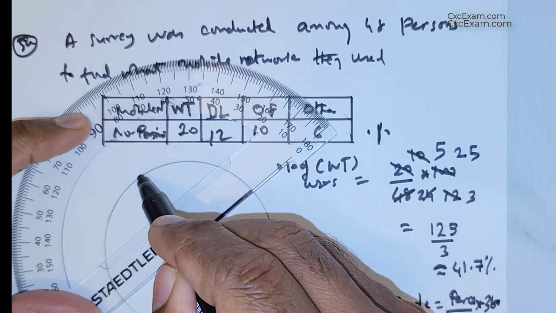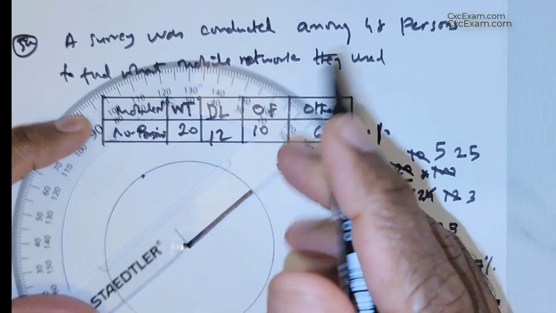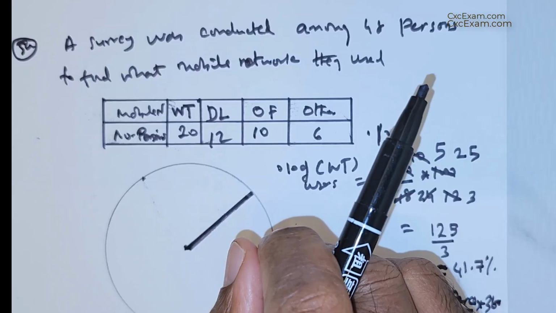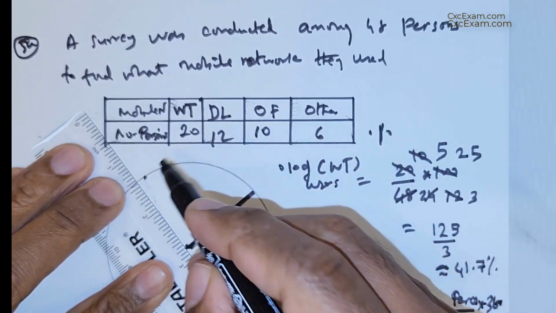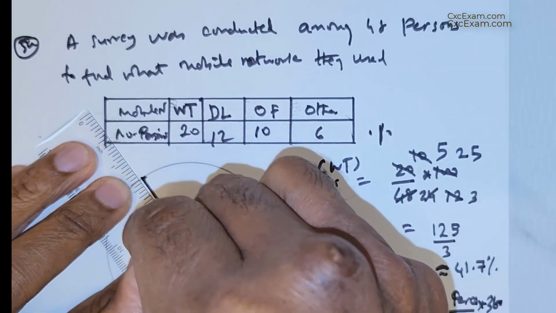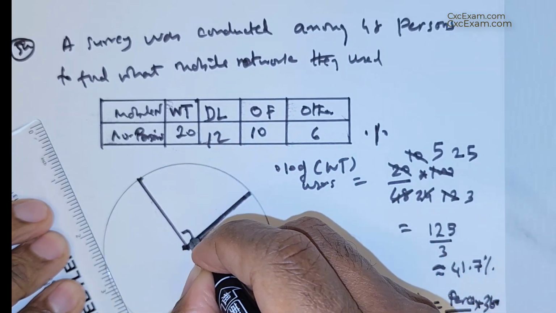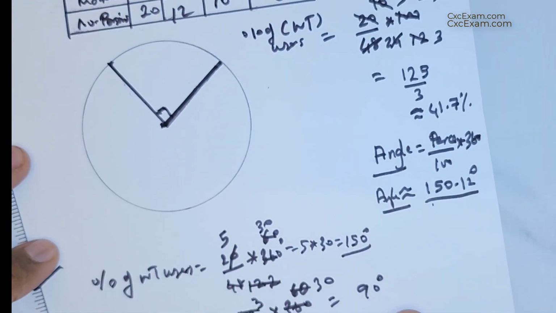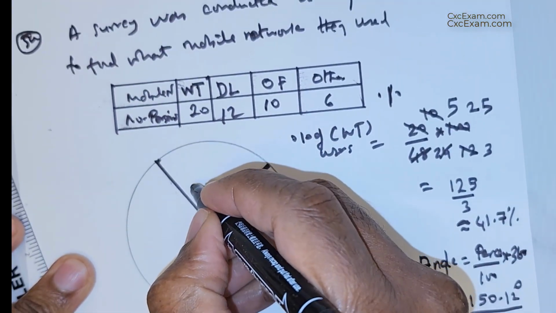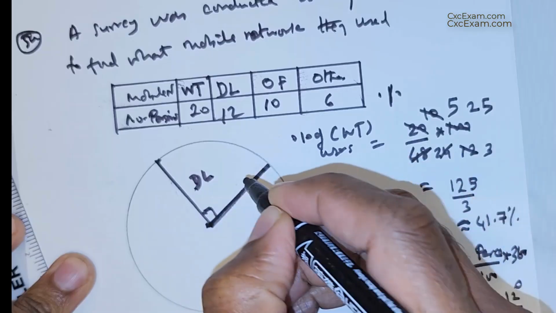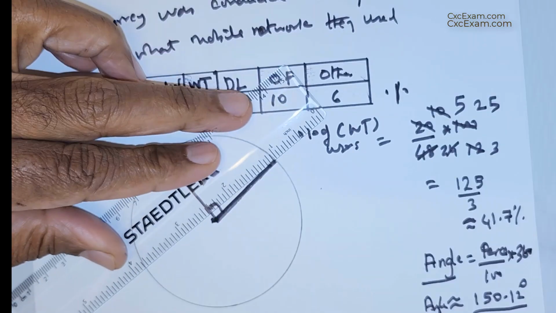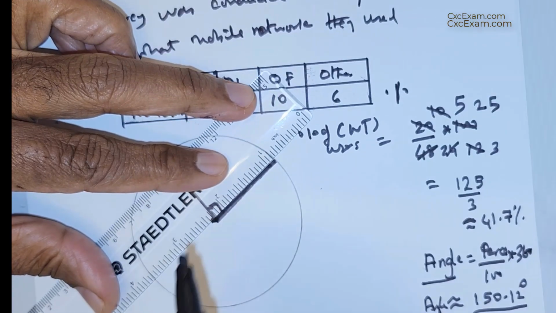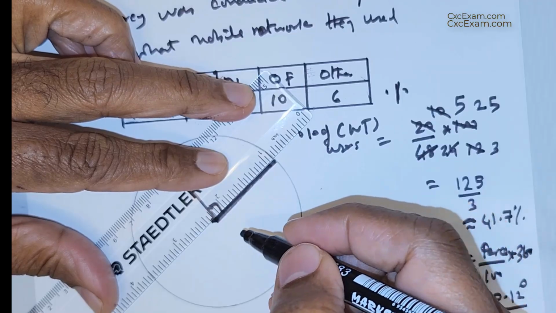So we have to plot this 90 degrees. This is coming over here. So I plotted 90 degrees. 90 degrees is what? DL users. So this point is going to be DL users. From this same point I can have this as the region.